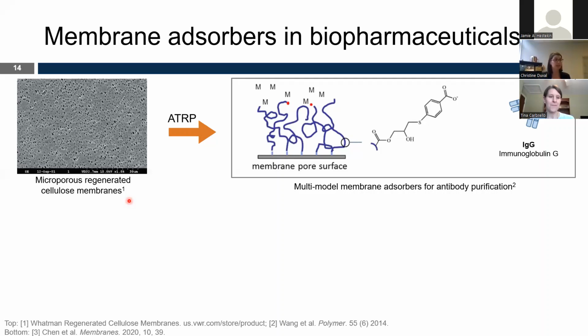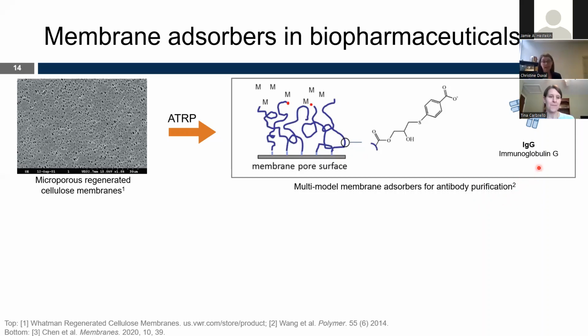So you can start ATRP to graft these poly-GMA brushes from the surface of the membrane. And then they went through a second step to install their functionality, which is this multimodal ligand here. So in this case, you can see we would have polymer brushes. From that polymer brush, you would have your selective ligands dangling off the polymer chains. And in this case, they were looking at antibody purification.